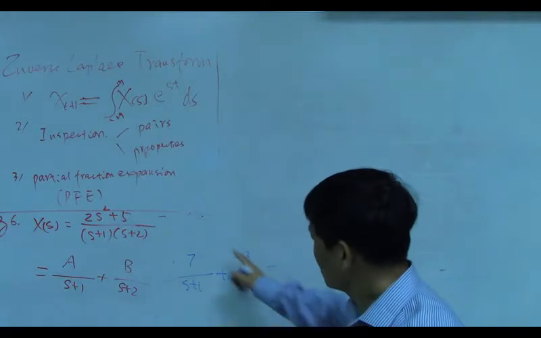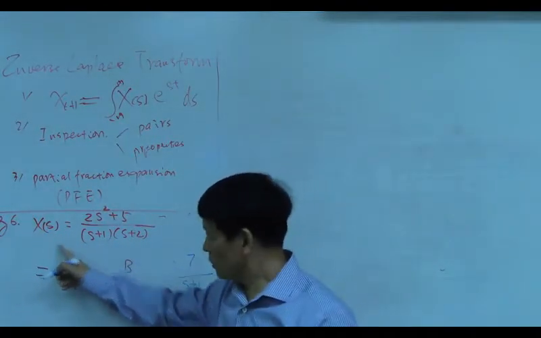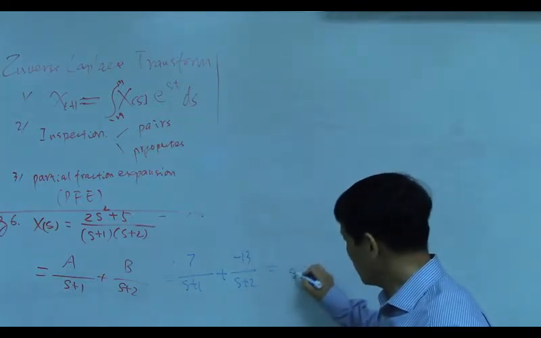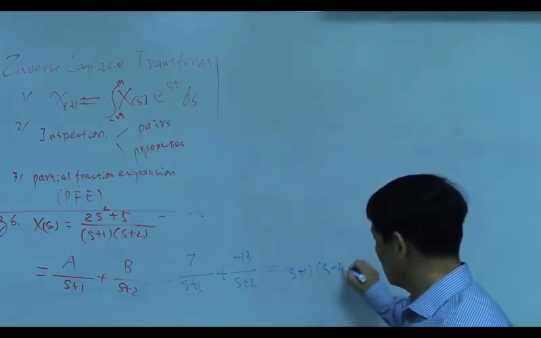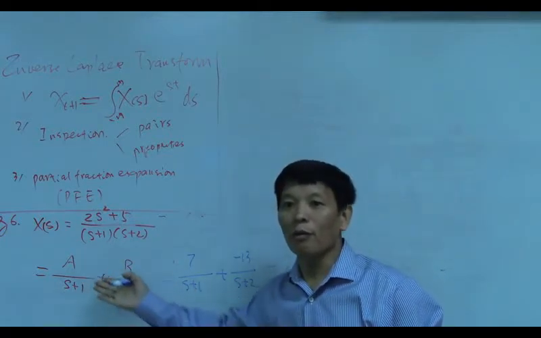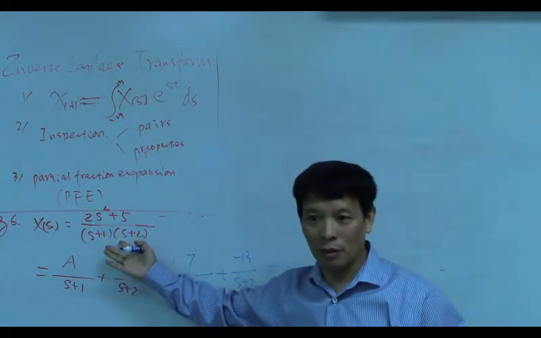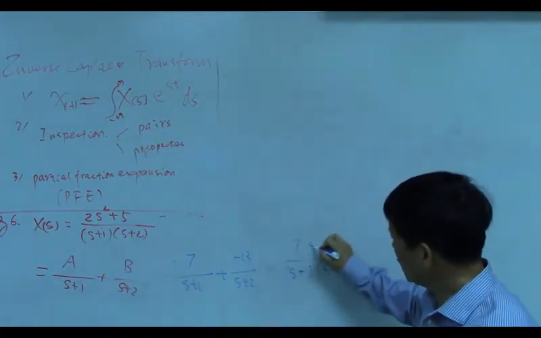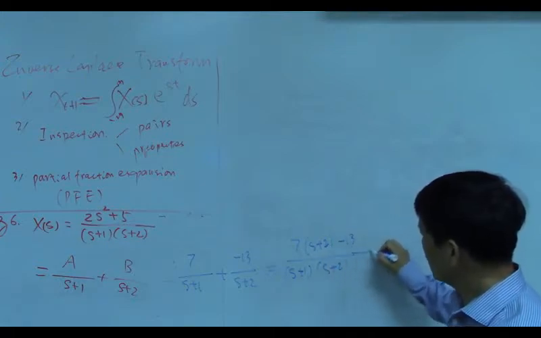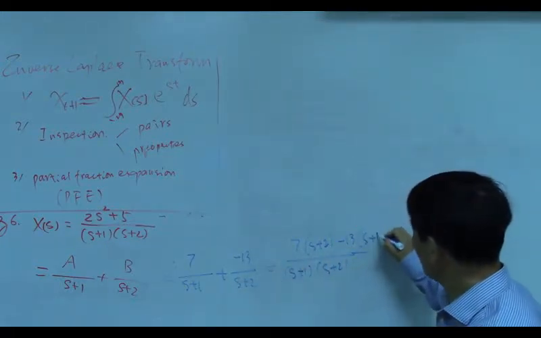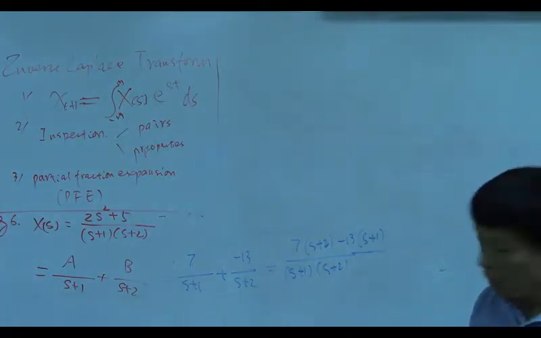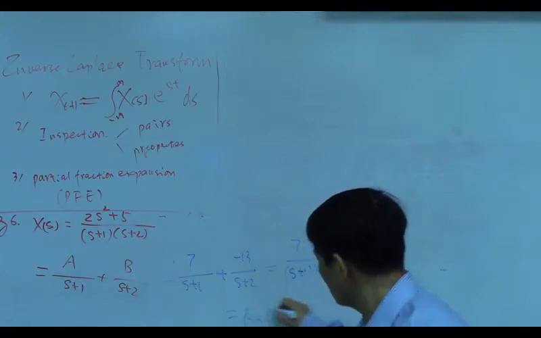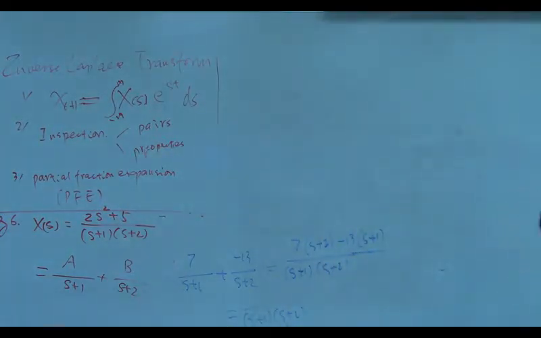This one must be equal to this, because everything here is equal. Now I just go in reverse, add these two terms to check if this equals this. So this is 7 times s plus 2, then minus 13 times s plus 1, over s plus 1 on the bottom, s plus 2 on the bottom. That is good. Now let's see what is on the top.